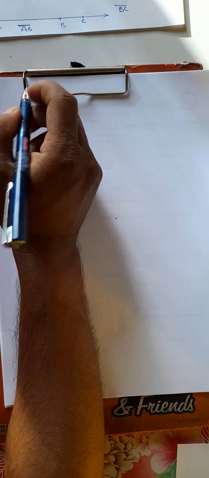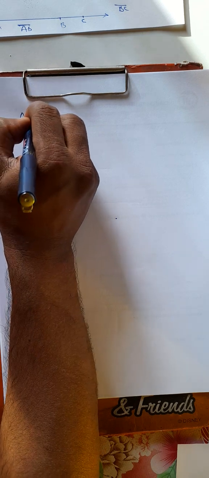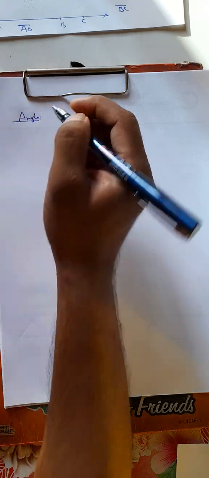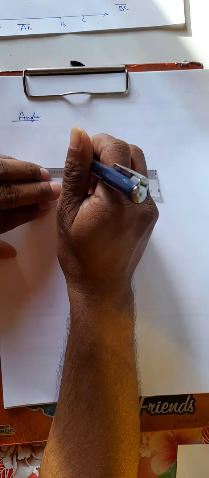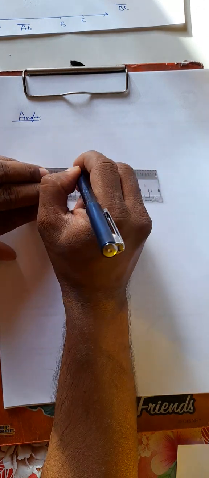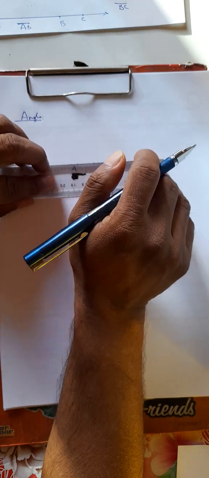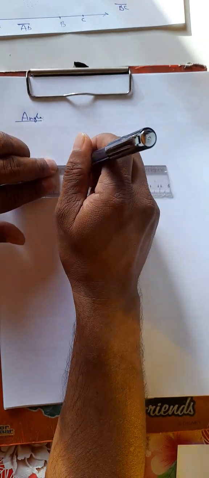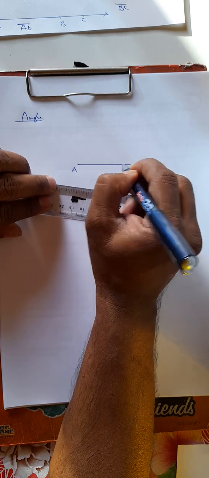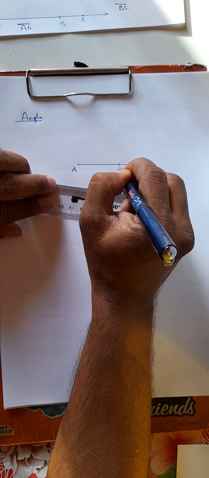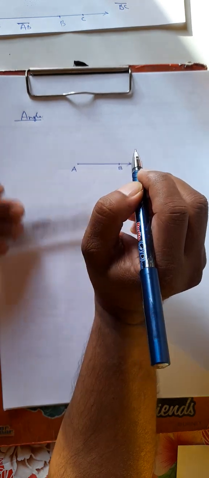Next we will discuss angle. Now let us make 2 rays from this point. Suppose this is point A. Now you make 2 rays starting with A. One is, say, B, ray AB.